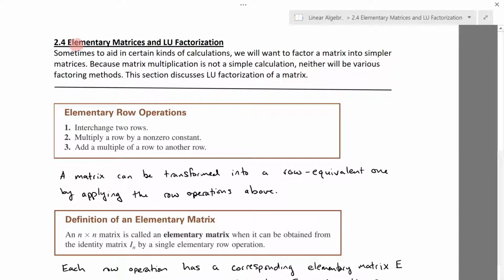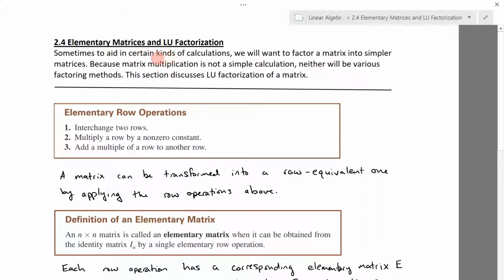In this video, we'll discuss elementary matrices and LU factorization. One of the motivations behind factoring matrices is that typically matrix multiplication is a somewhat complicated calculation, right?